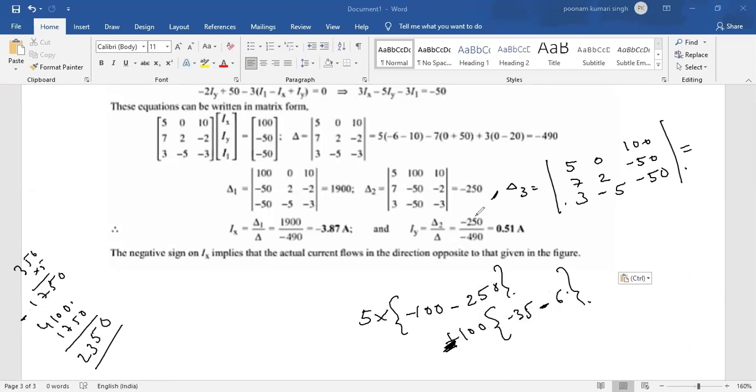What value are you getting, all of you? Confirm this del 1, del 2 and del 3 value now. All of you, I want this answer now.